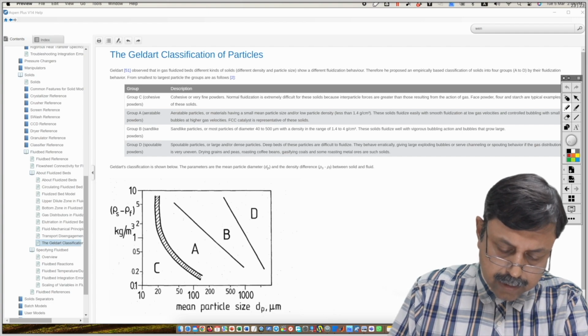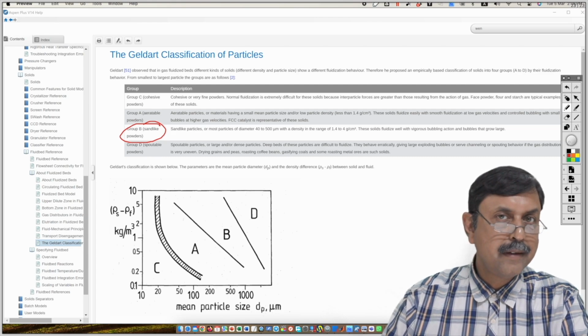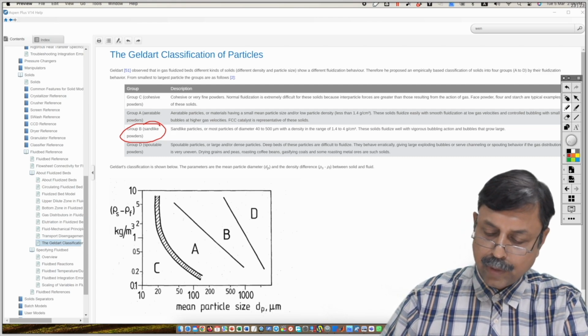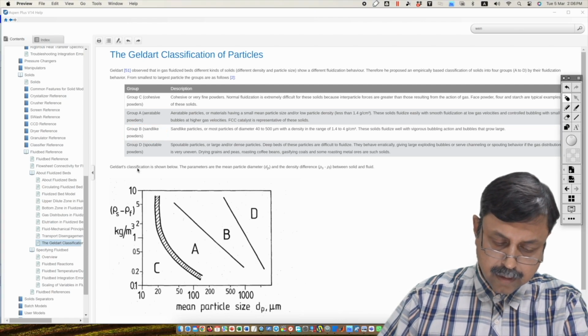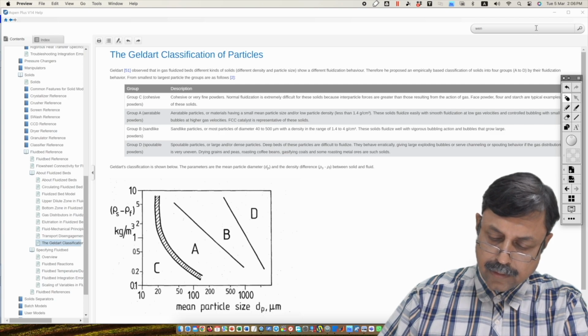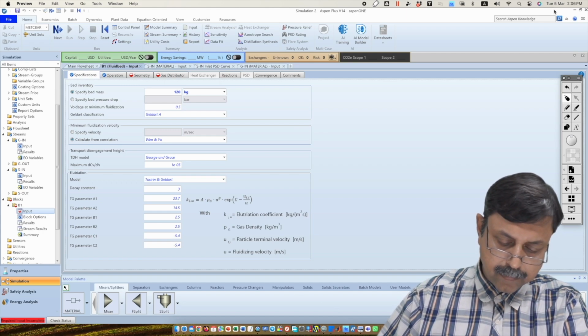Sand-like particles are group B, that is Geldart B. So we have to use the Geldart B function. So choose Geldart B.